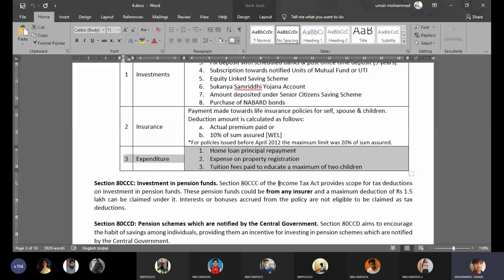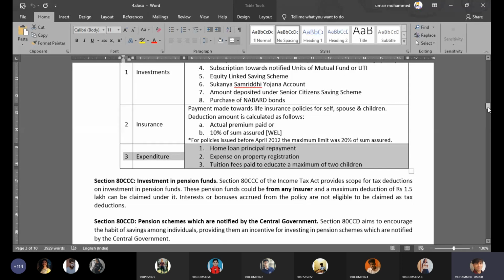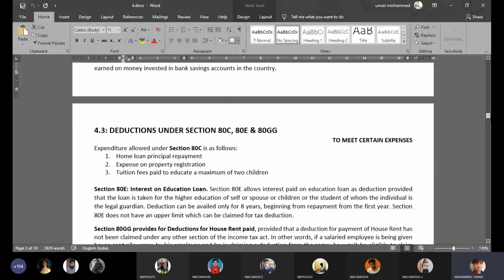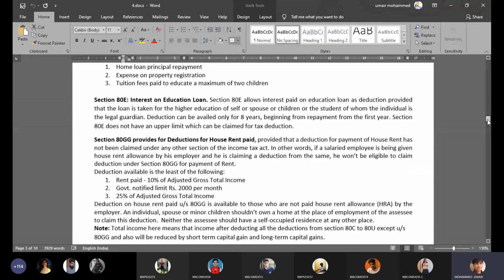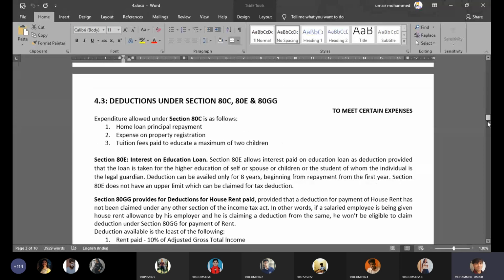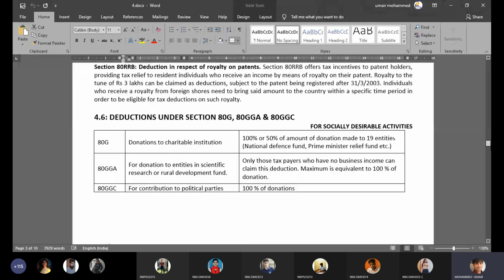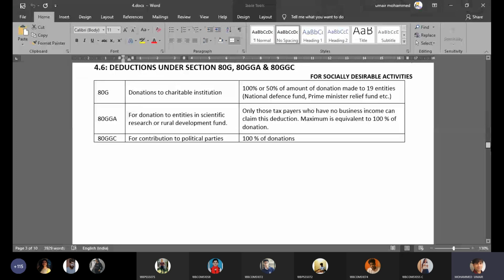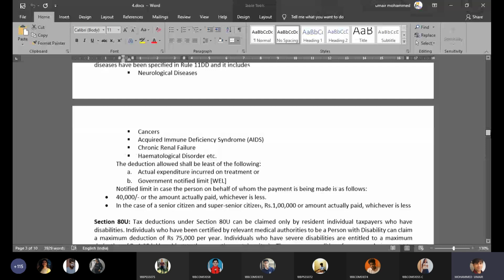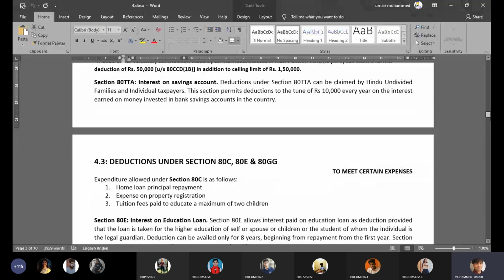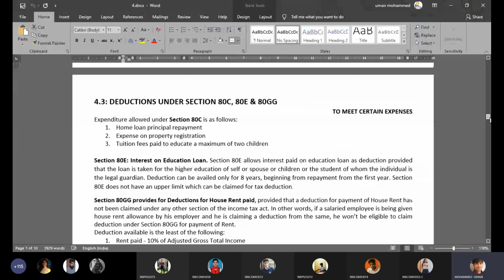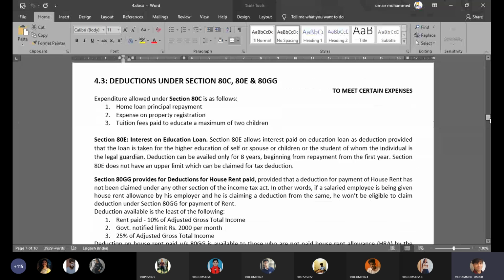Now, we also have an expense that comes under 80E. So let's quickly go to section 80E and see what is on offer in 80E. In order to make it a little simpler for you, E stands for education. 80E allows deduction for interest paid on education loan.